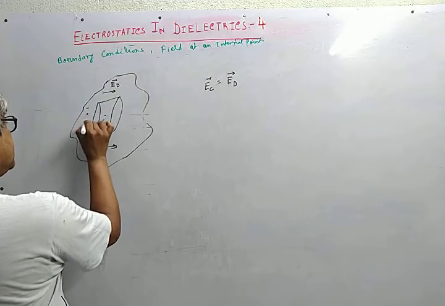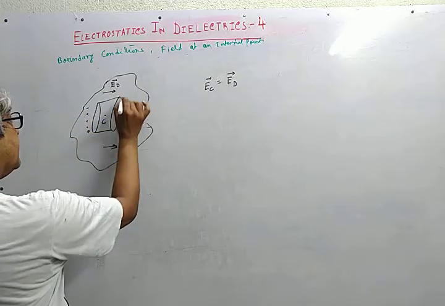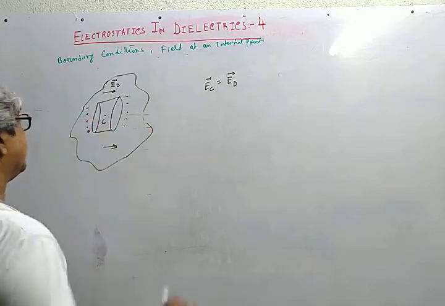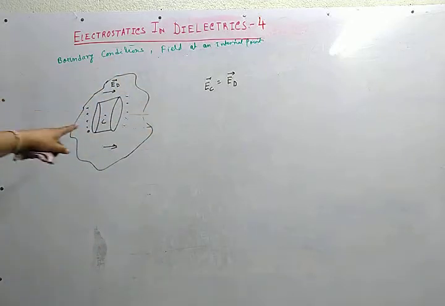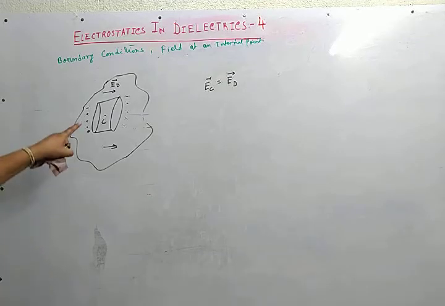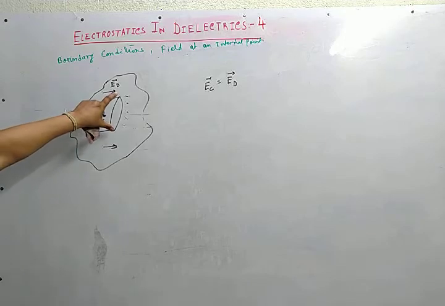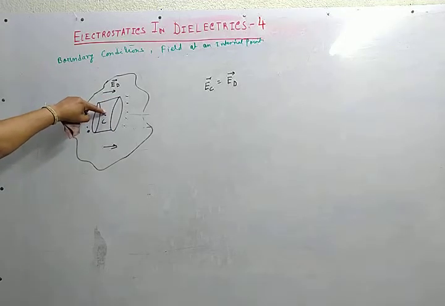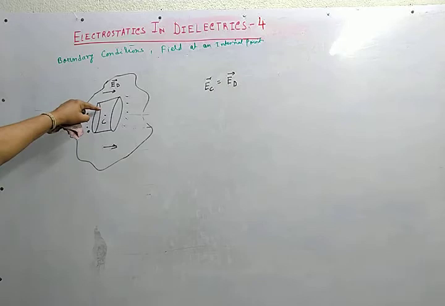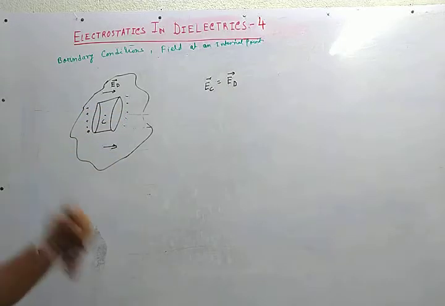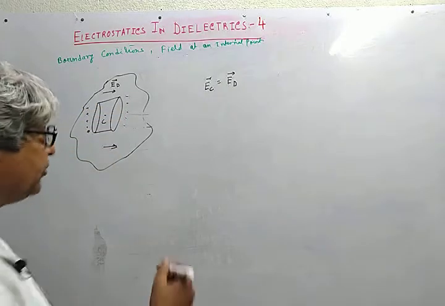The polarization, positive charge will appear there, and the negative charges will appear there. Here, we find that the polarization charge is indeed important. And because the surface areas are large enough and the point under consideration is not far away from the surfaces, the polarization charge will indeed contribute something.